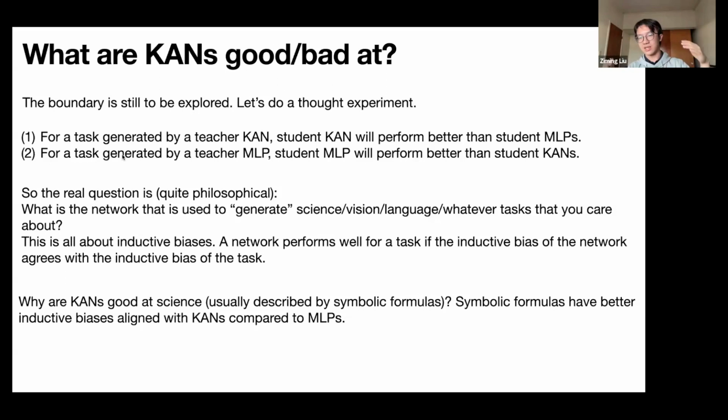The summing is the interaction between different variables, and the 1D functions are simply local interactions, something like that. So quite aligned with the inductive bias of science. But it's hard to say whether KANs' inductive biases are aligned with vision or language.